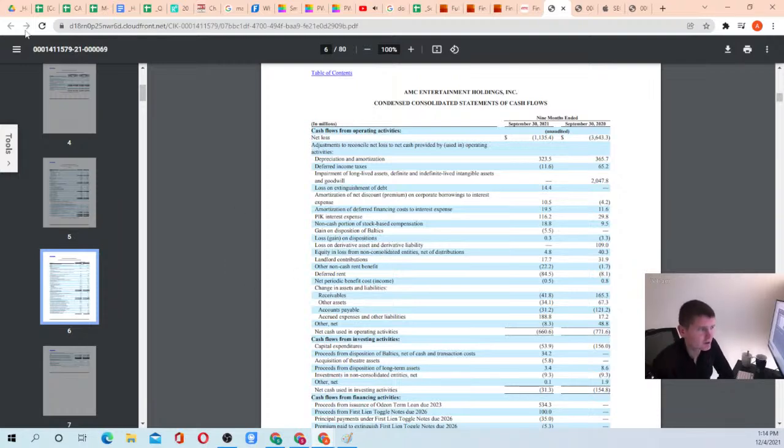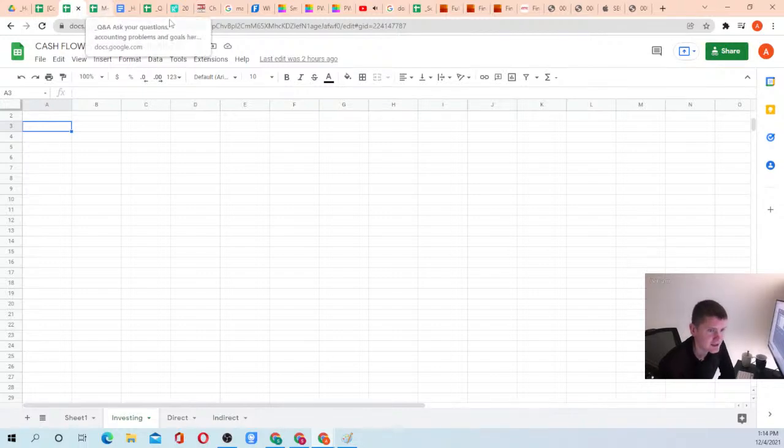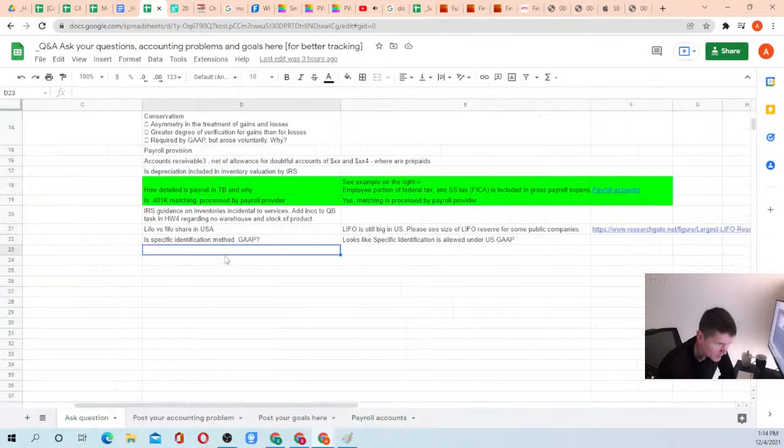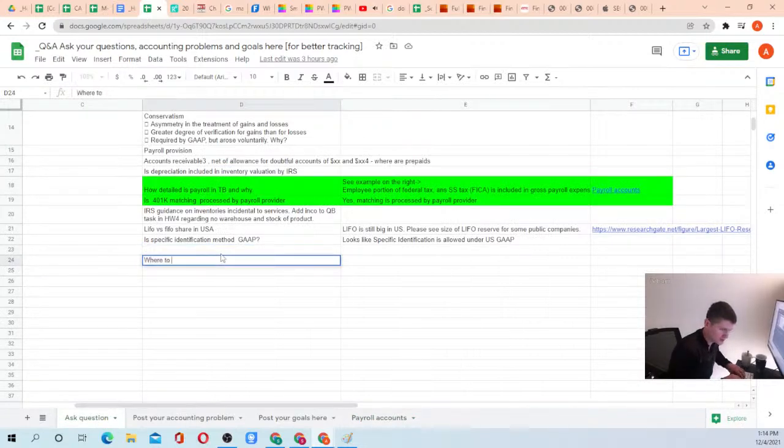Okay, I cannot find definitive guidance on that question. I will add it to my questions file. Where to put accrued interest on indirect cash flow?